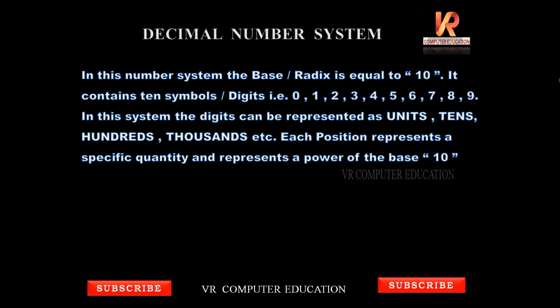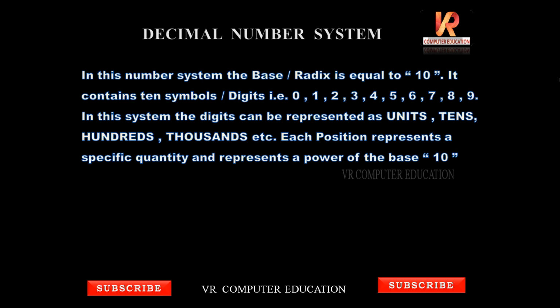It contains 10 symbols, or you can call 10 digits, that is 0, 1, 2, 3, 4, 5, 6, 7, 8, 9. So from 0 to 9, the count will be 10. So that's why 10 symbols or digits.